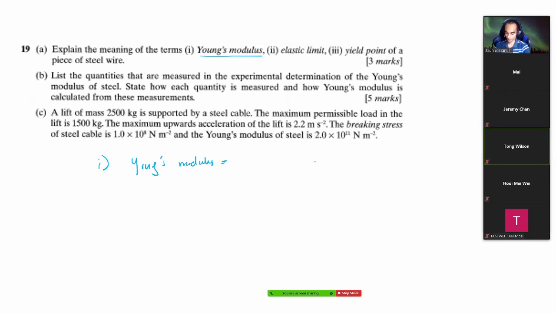It's a measure of the ability of a material to withstand changes in length when under lengthwise tension or compression.